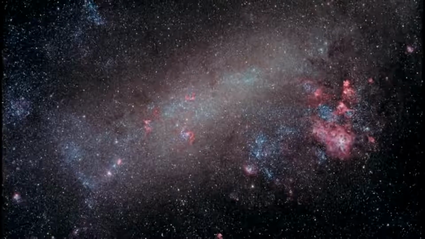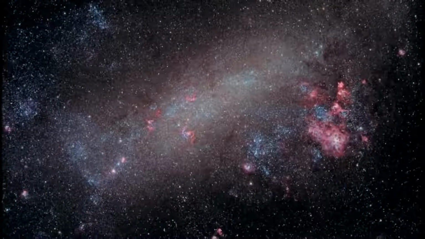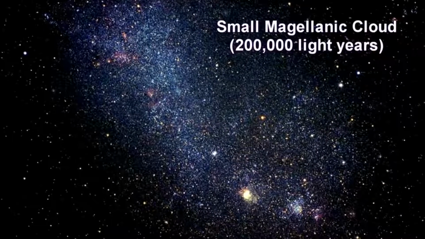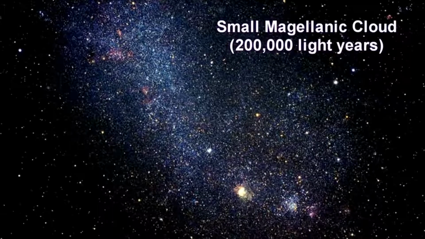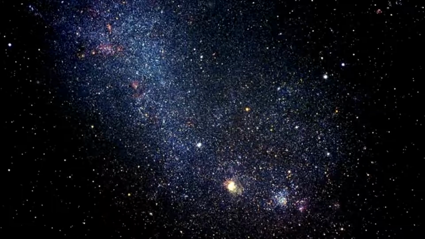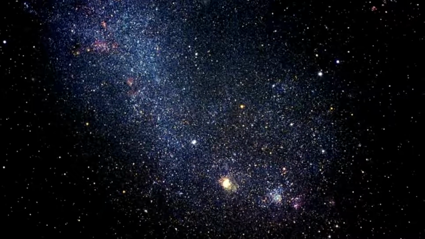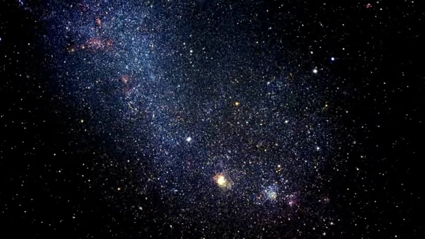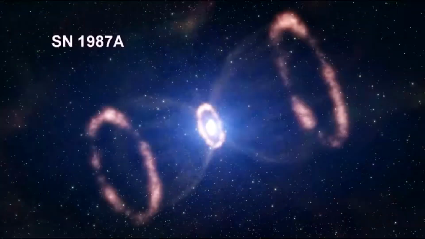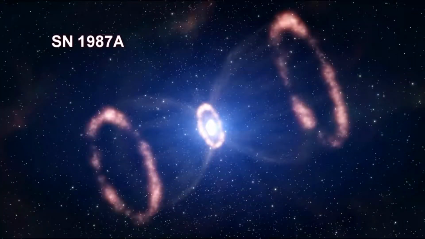The large, or LMC for short, is the brightest galaxy in our sky. It contains several billion stars, and many stars are still forming in it. The small Magellanic Cloud, or SMC for short, contains at least several 100 million stars. And like the LMC, there is still a lot of star formation taking place in it.